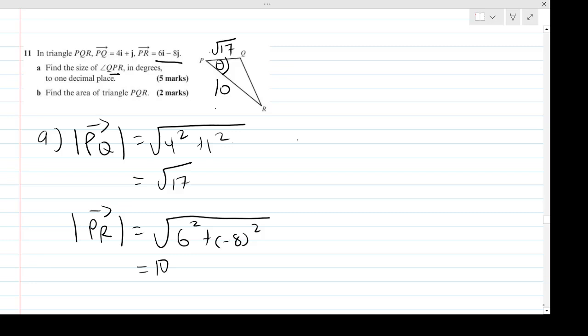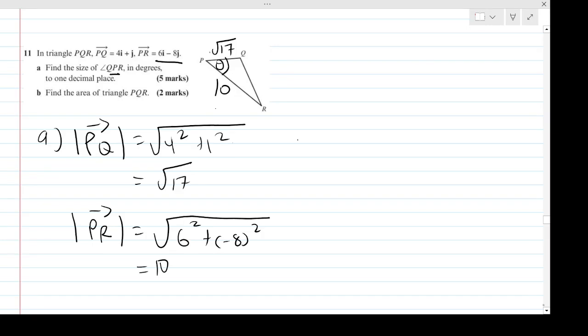But I only know two sides, and I don't know any angles. I'm thinking if I can somehow work out the remaining side, I can then use the cosine rule to work out theta. But I don't have that side. I don't have QR.